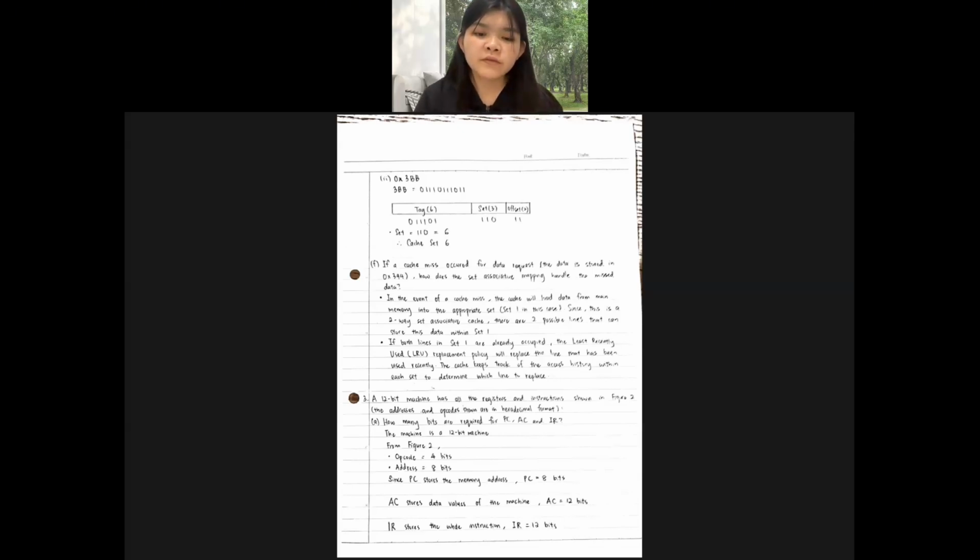If both lines in set 1 are already occupied, which means full, the LRU replacement policy will replace the line that has not been used recently. The cache keeps track of the access history within each set to determine which line to replace.